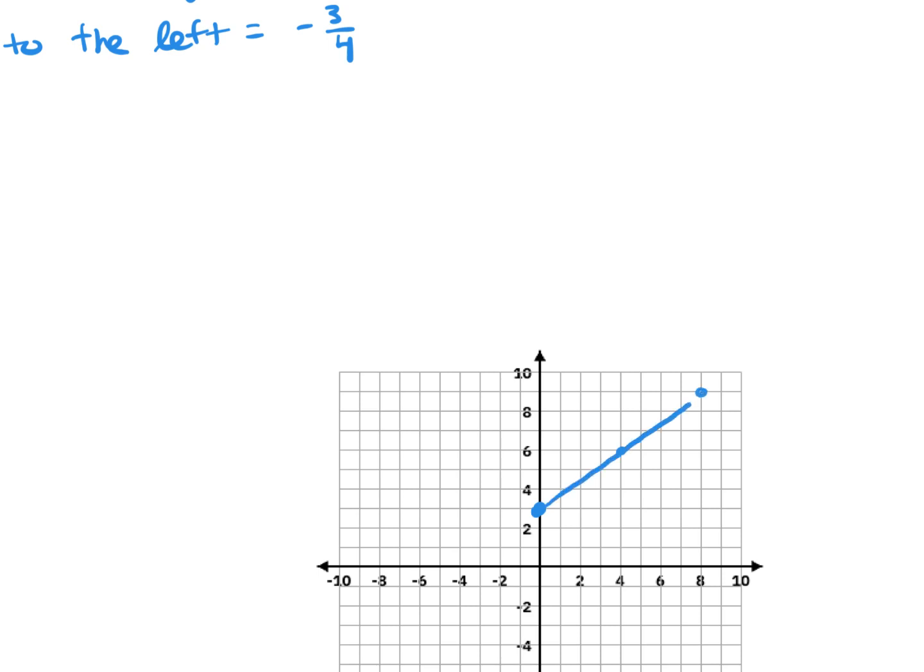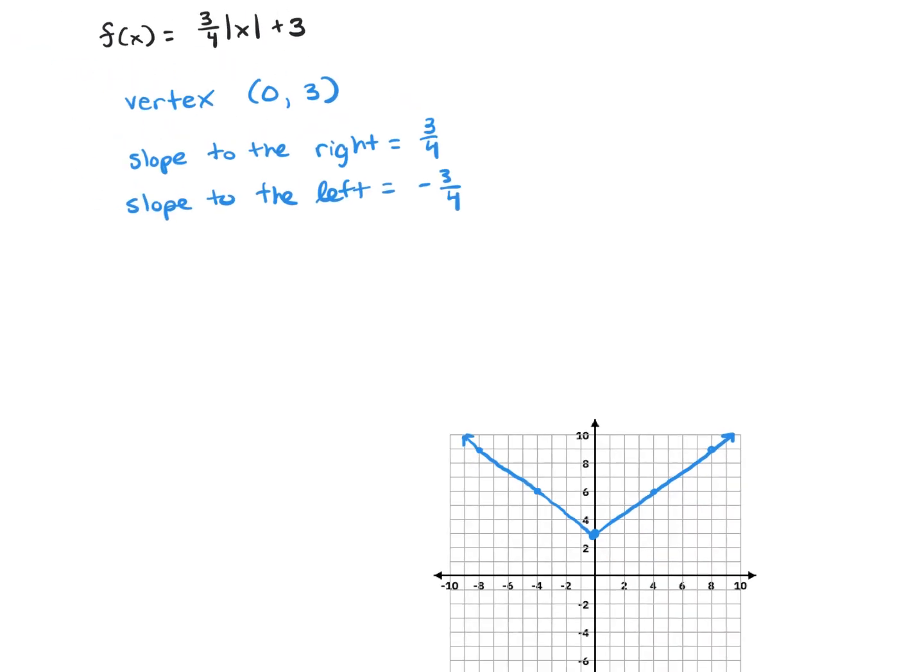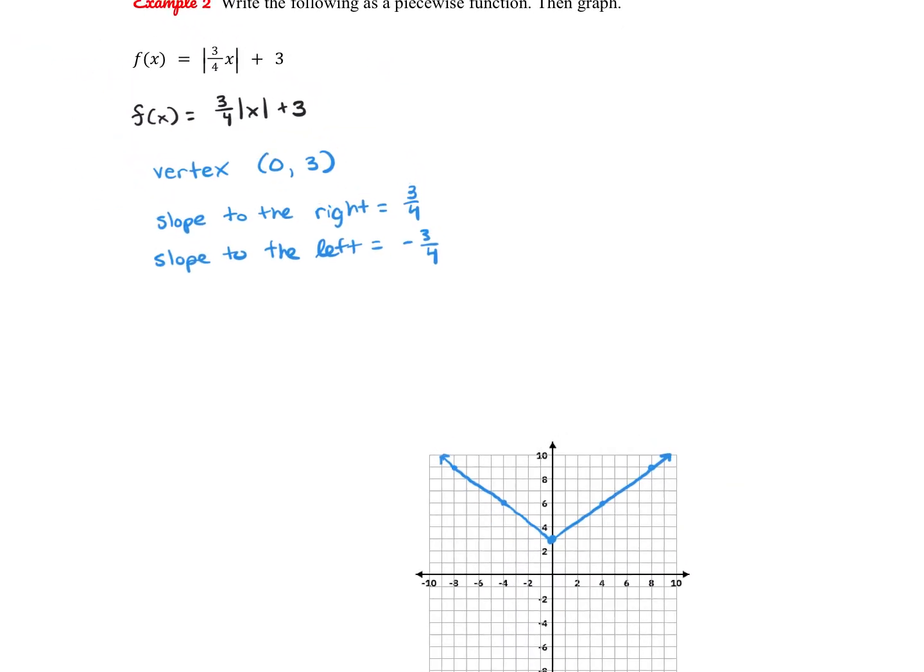And then I know the slope to the left is the opposite. So I'll go up 3, left 4, up 3, left 4. And you should have a symmetrical graph as well. If you drew a vertical line through your vertex, it should always have that line symmetry. So you should get that nice V-shaped graph. So now we have our graph.